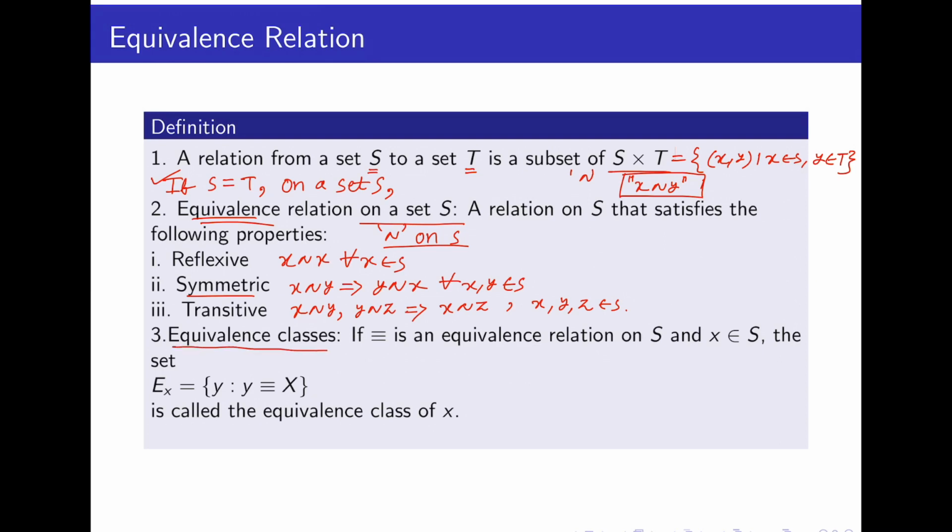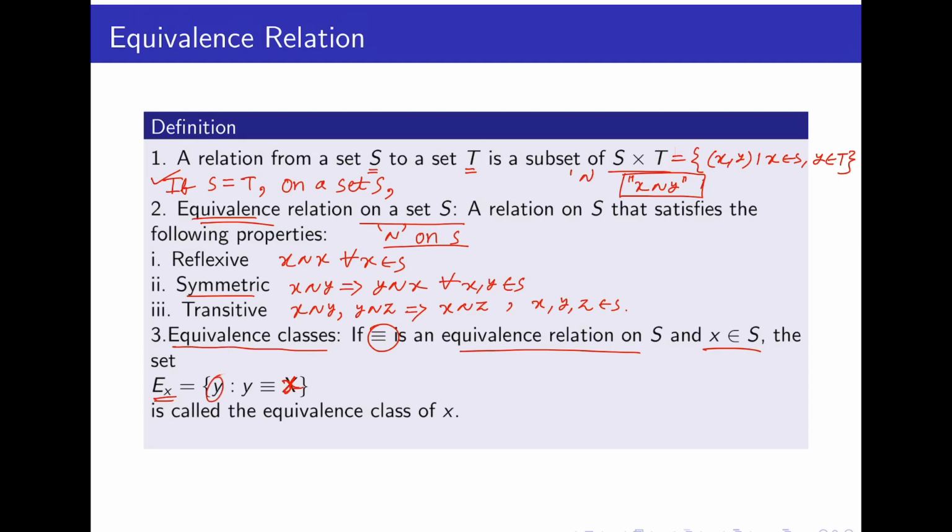And finally we are defining the equivalence class. Suppose the relation is the congruent relation or any relation denoted by this symbol. If this is an equivalence relation on a set S and x belongs to S, then the set E_x is the set of all y such that y is related to x.